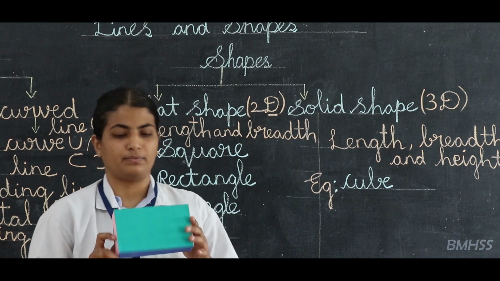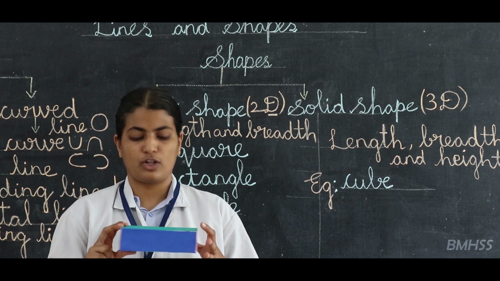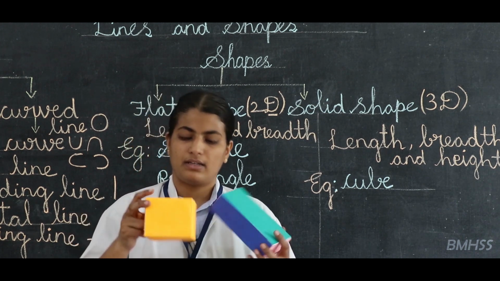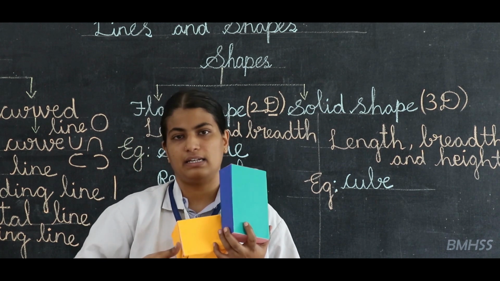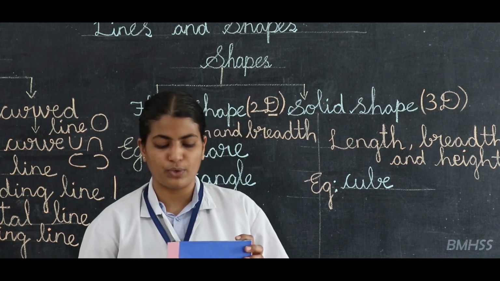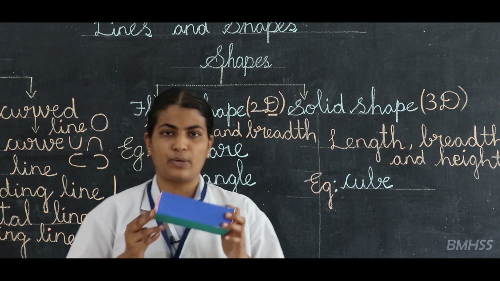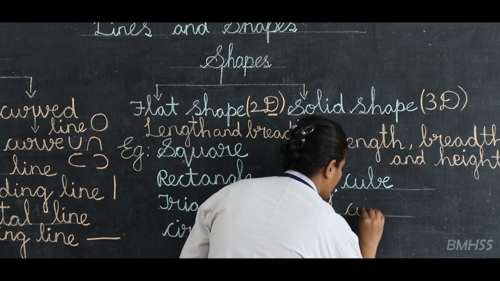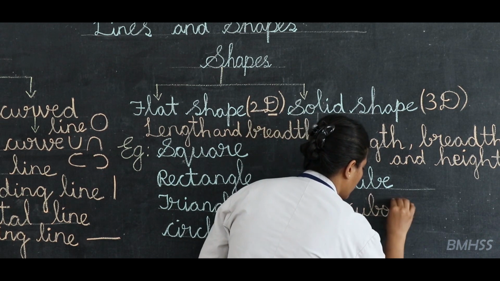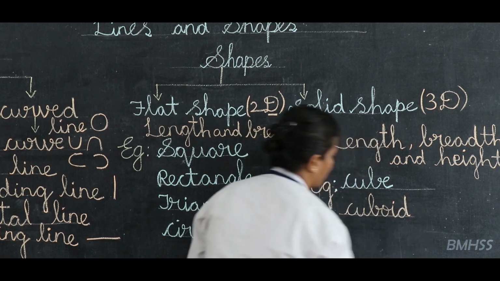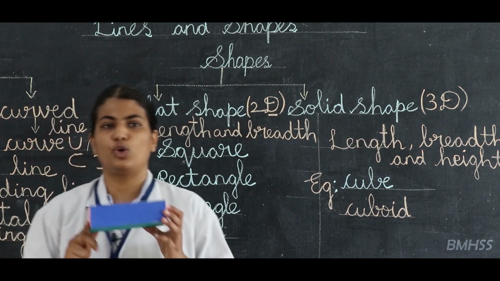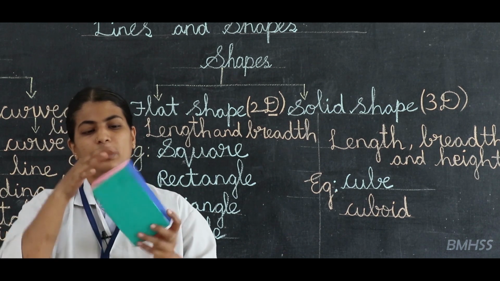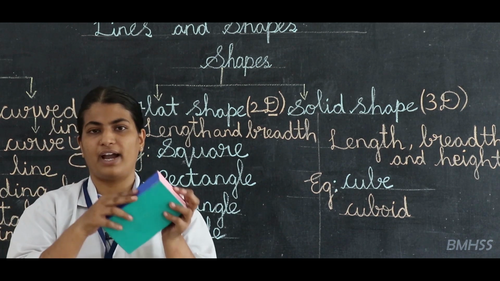Next, cuboid. Cuboid is also similar to cube, but in cube you will have equal sides and in cuboid you will have opposite sides equal. Same way in cuboid also you have 6 flat faces, 1, 2, 3, 4, 5 and 6.